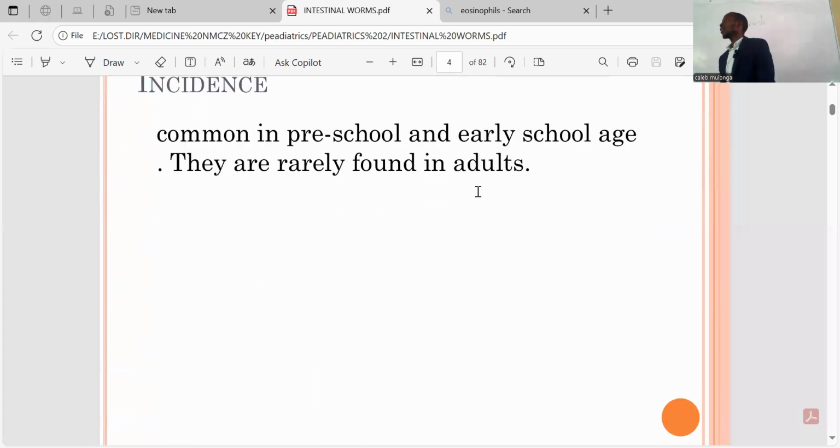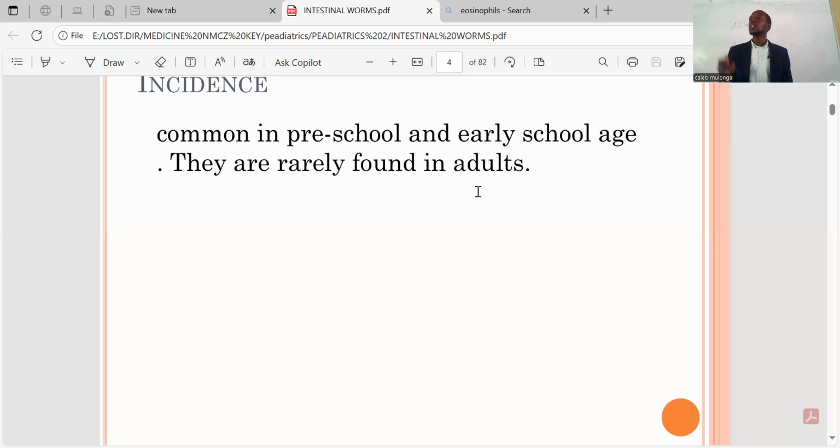We've already mentioned that this condition is mostly common in children, and when we say children, we usually talk about 1 year to somewhere around 12. We can say the early ages, 1 year to 5 years, and then the early school age, meaning 5 to 10. So basically, this condition is common in children between maybe 6 months, 1 year, up to somewhere around 12 years.